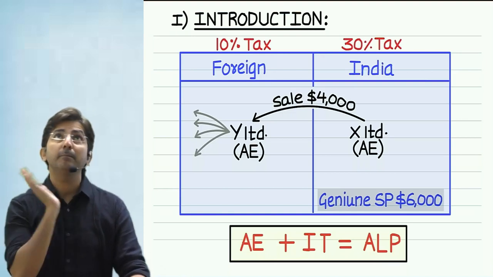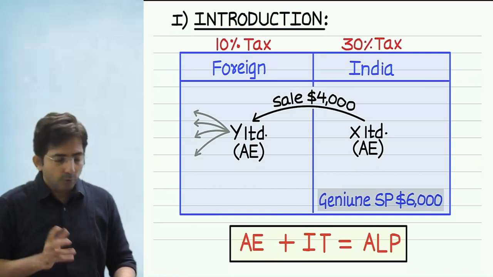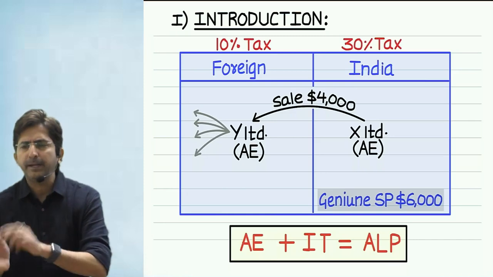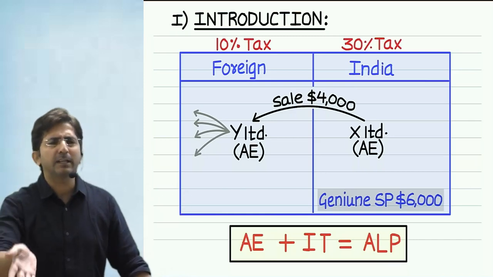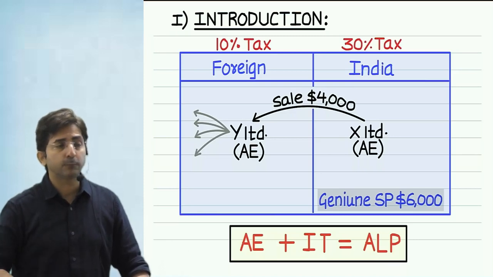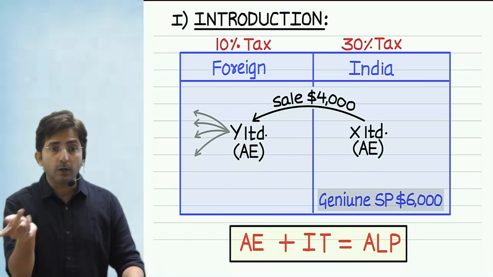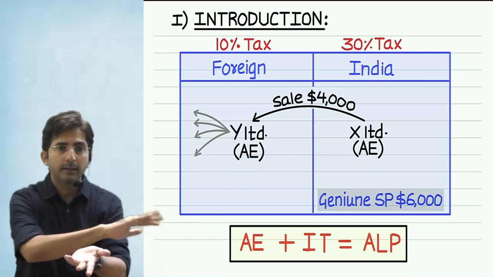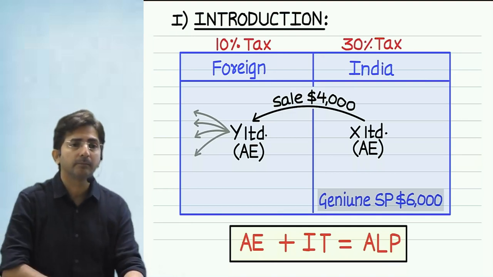You didn't even imagine that something of this sort would be there. Because normally a layman would think what? International means goods are sold from India to foreign. Or sometimes you think vice versa, that goods are purchased from foreign to India. So that crossing of goods from one country to another country is not sufficient. Your residential status is important.